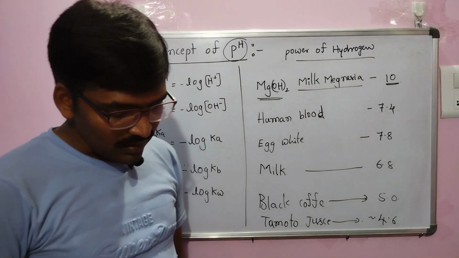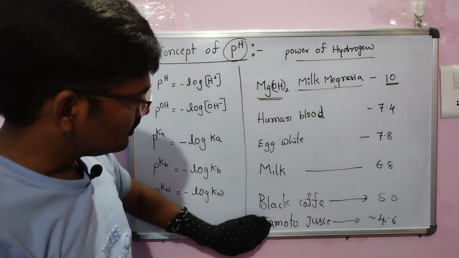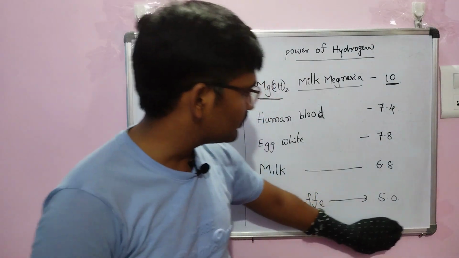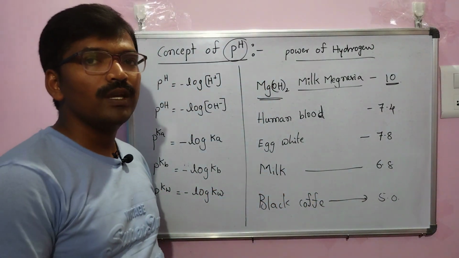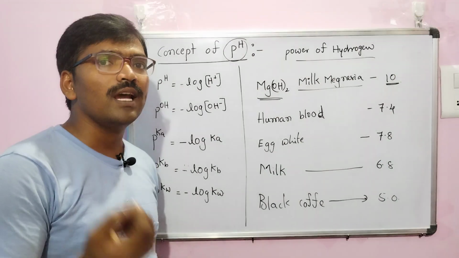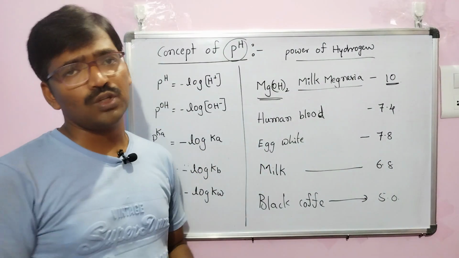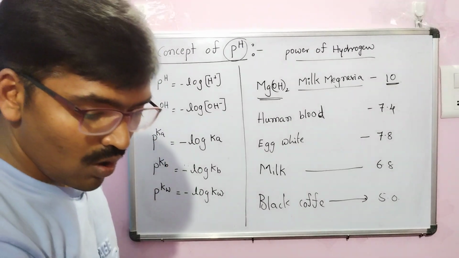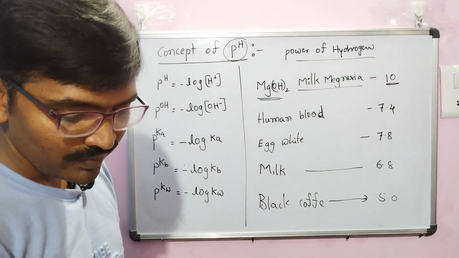How are the pH values of these solutions calculated? Because we calculate the H plus ion concentration in the particular solution. So how does pH work, and what are the uses of pH?